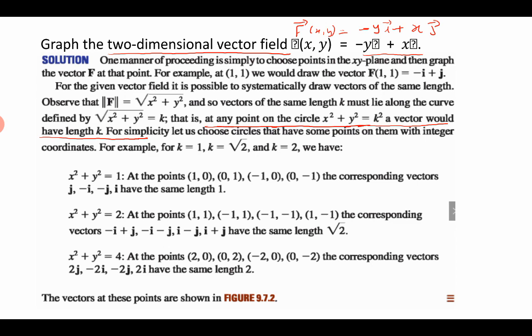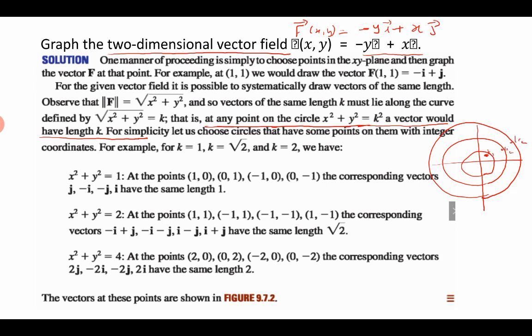So to draw this vector, on the xy axis, we take some circles. First circle of radius k1, second circle of radius k2, third circle of radius k3.